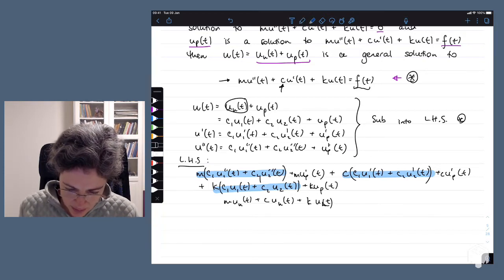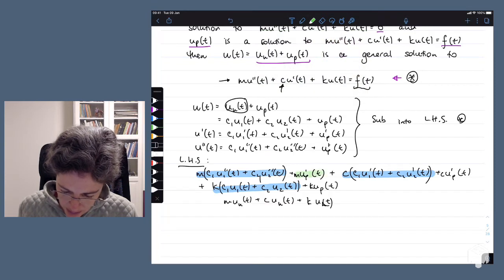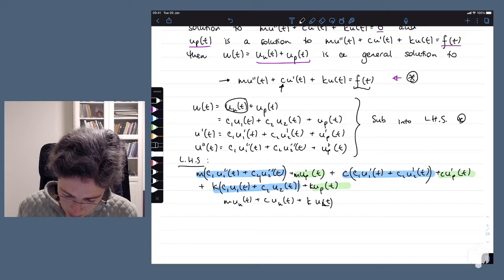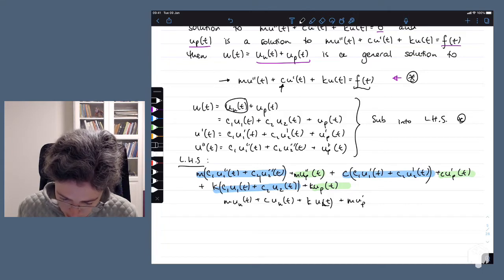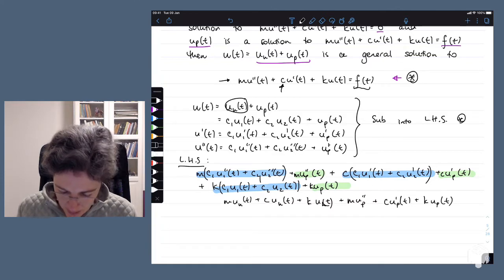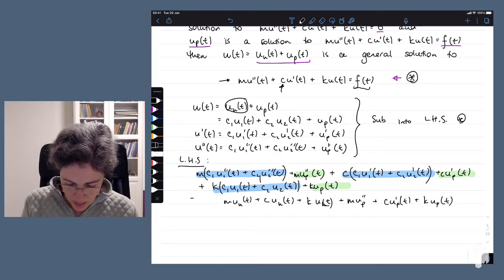And if I look at these terms, those will just be plus m, our particular solution, so we should have a double dash there, plus c u_p prime, plus k u_p. So this bit is equal to this bit.